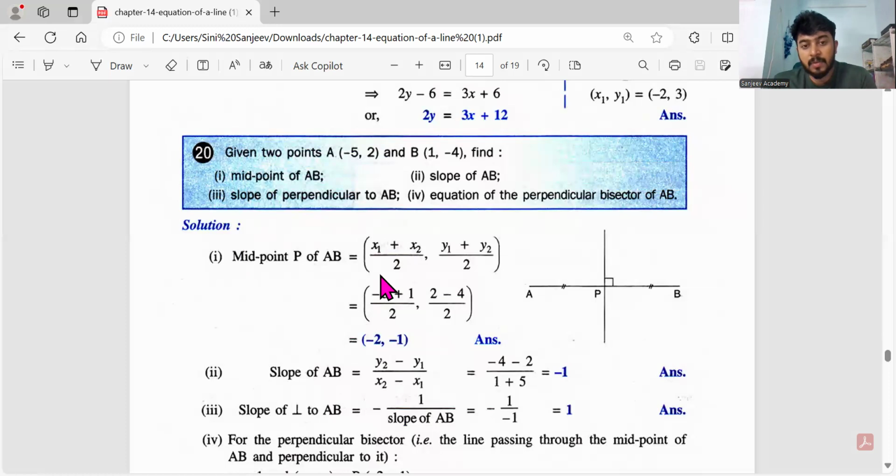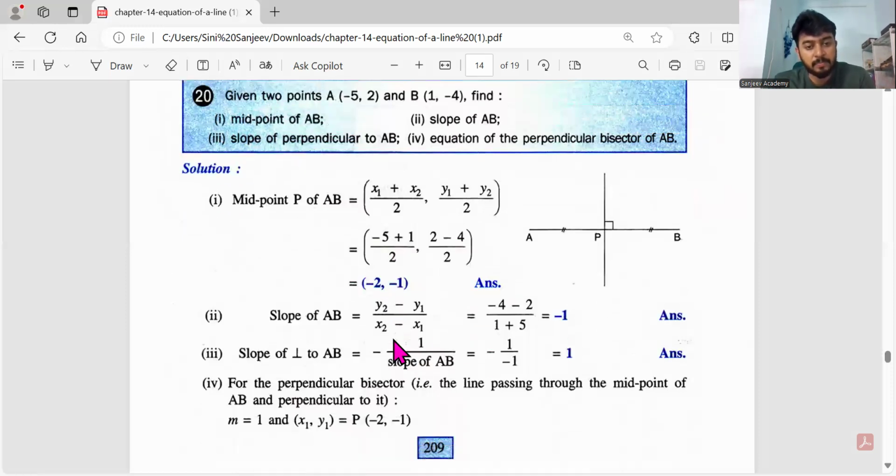That is basically what? ((x1 + x2)/2, (y1 + y2)/2), the midpoint. Correct? So whatever the values, (-5 + 1)/2 and (2 + -4)/2. Slope of AB, simple formula, m is equal to (y2 - y1)/(x2 - x1). So put x1, y1 here, x2, y2 here, and just substitute.